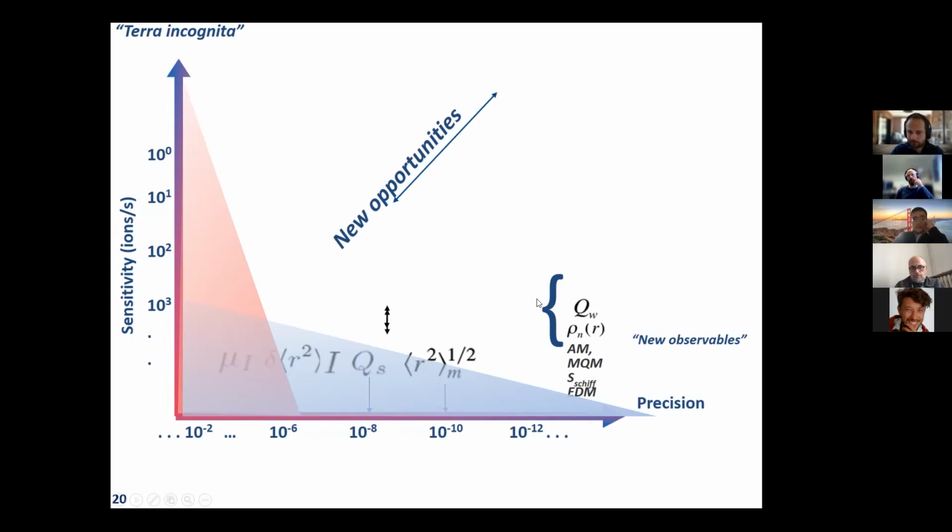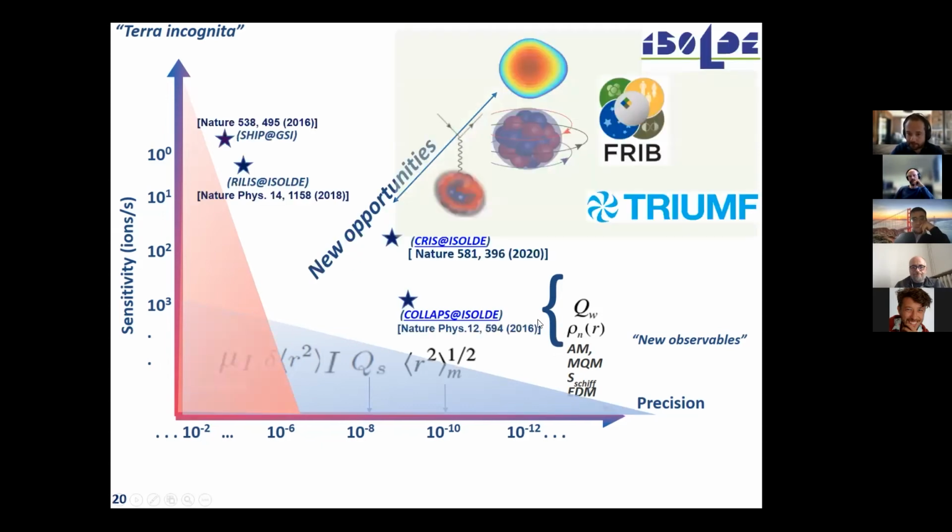But with molecules, you kind of send all of these observables to the left, right? You have a sensitivity, you have an amplification of the sensitivity. So we think that if we combine precision and sensitivity, then we can hopefully access these observables. So it's giving us a strong motivation to work not only towards sensitivity, but also towards precision.